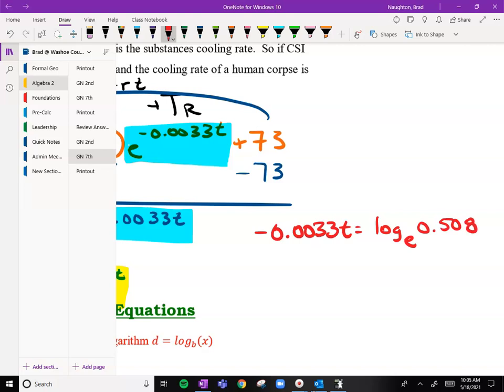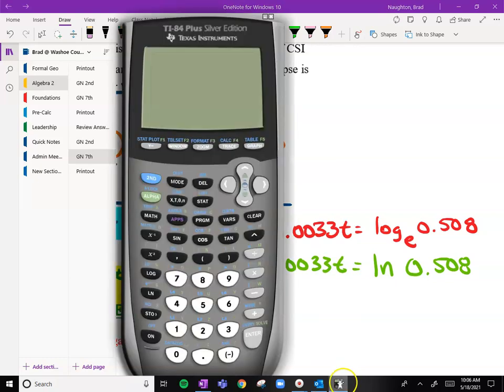All right, log base e, remember that's just ln. So the ln of 0.508. And then we're going to use that ln button in our calculator to find out what that is. So ln of 0.508. Boom shakalaka. Gives us a negative, and that's going to be okay.